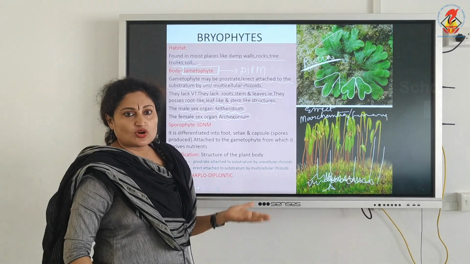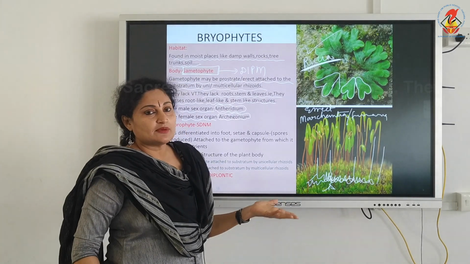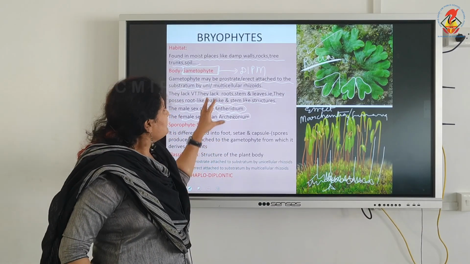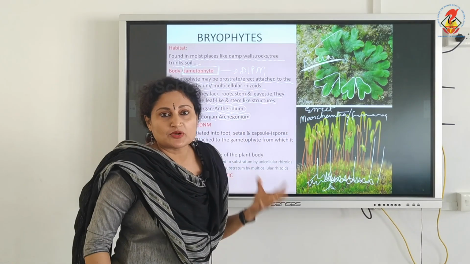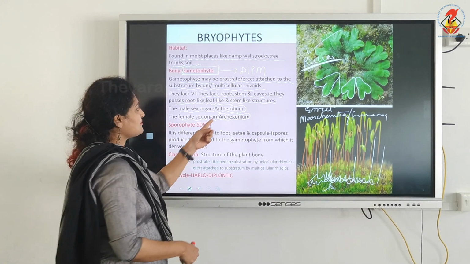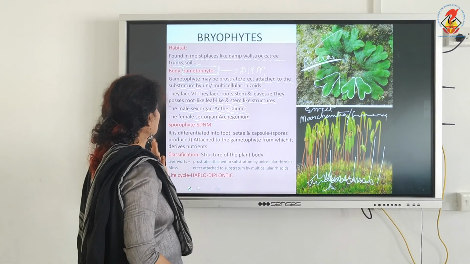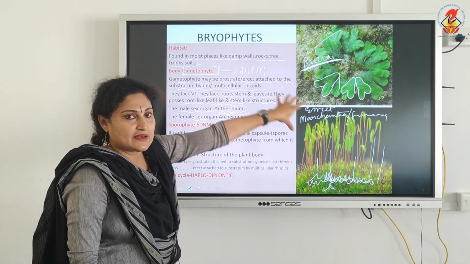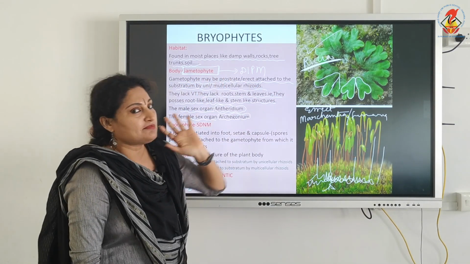What they possess are not true roots, leaves and stem, but root-like, leaf-like and stem-like structures. And being gametophytes, they produce gamete-producing structures, the male and female sex organs, namely antheridium and archegonium. So that's all about the gametophyte, which is DIPM: dominant, independent, photosynthetic and multicellular.